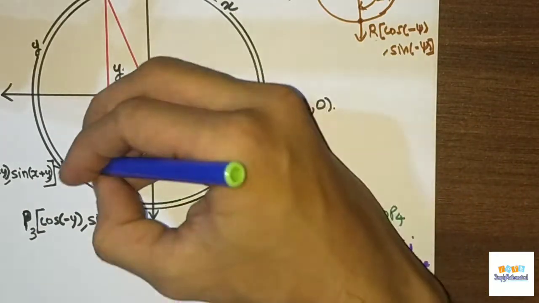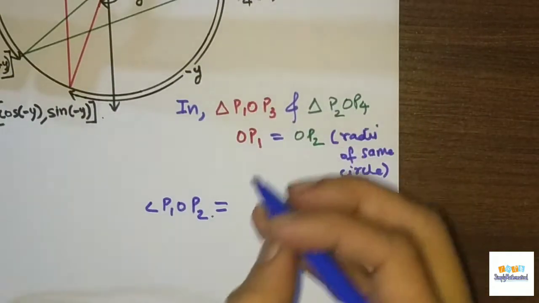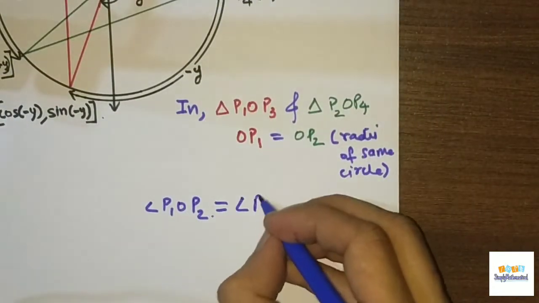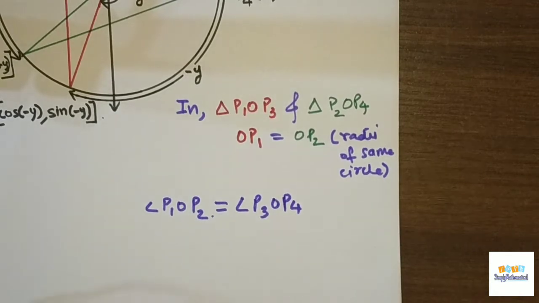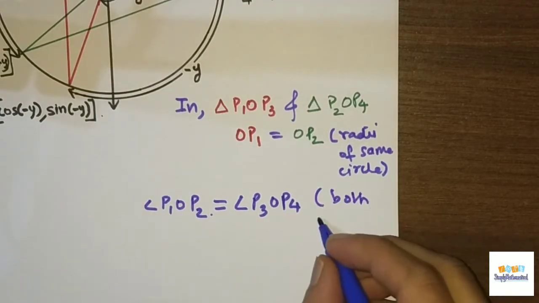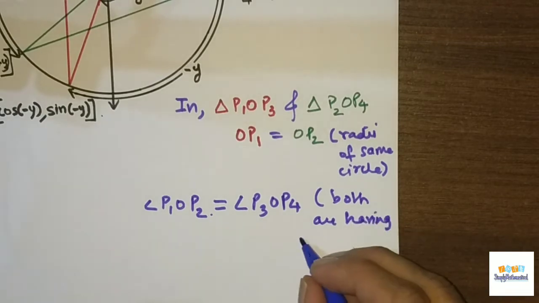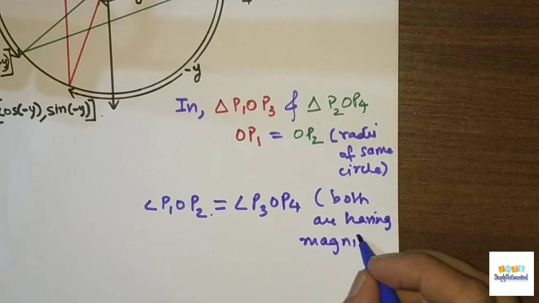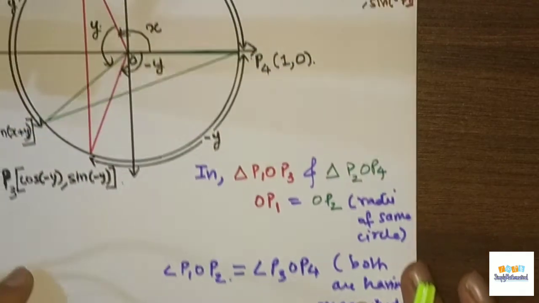So angle P1 O P2 is equal to angle P3 O P4. Why? Because both have magnitude y.